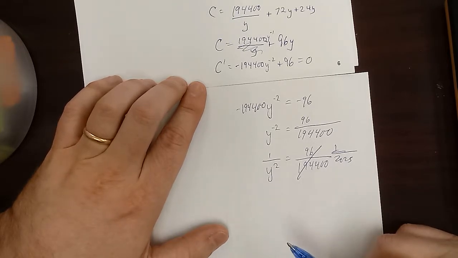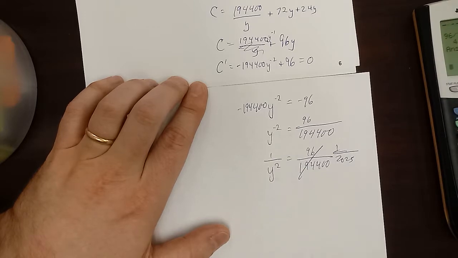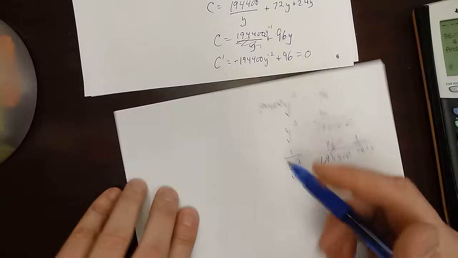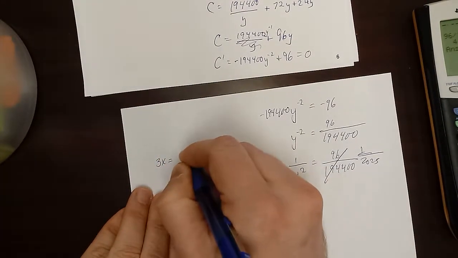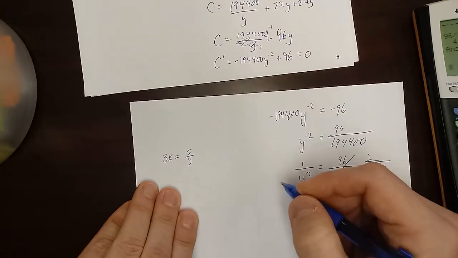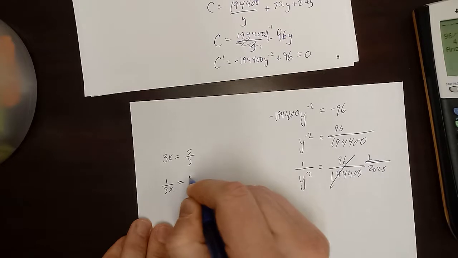That's a really dangerous mechanic because sometimes people don't really think about to what level that happens. Just for example, if we had 3x is equal to 5 over y, I could take the reciprocal of both sides and get 1 over 3x is equal to y over 5.